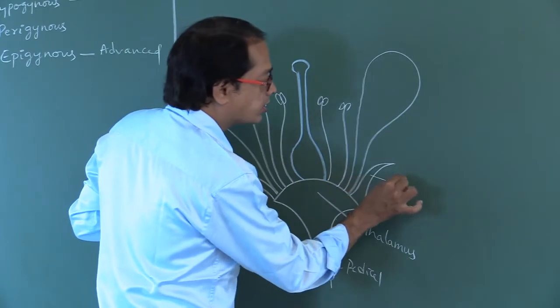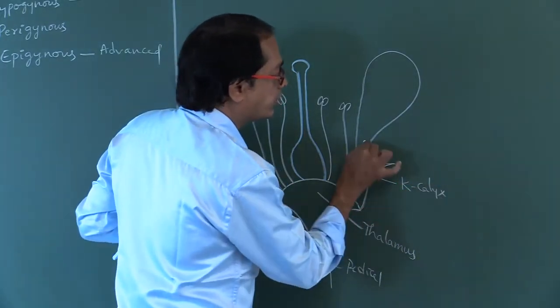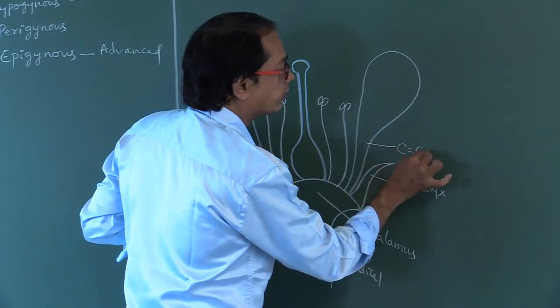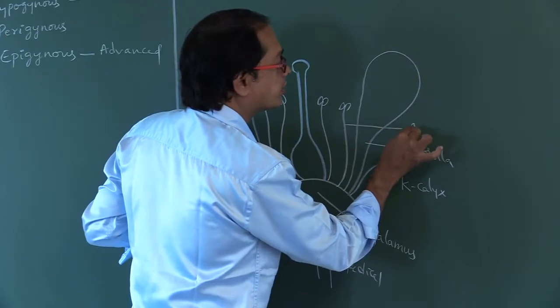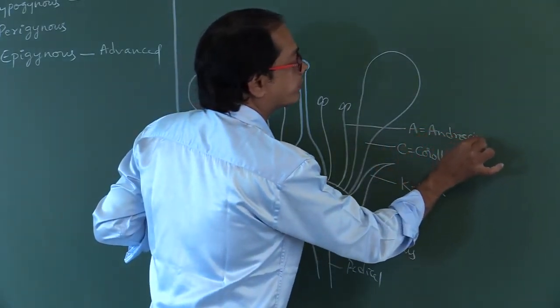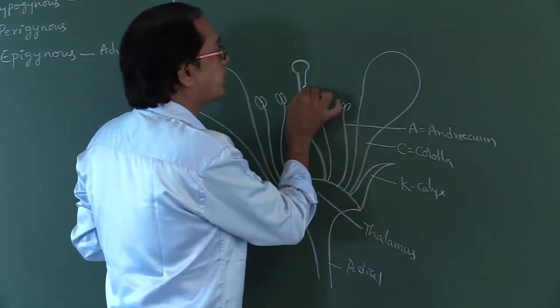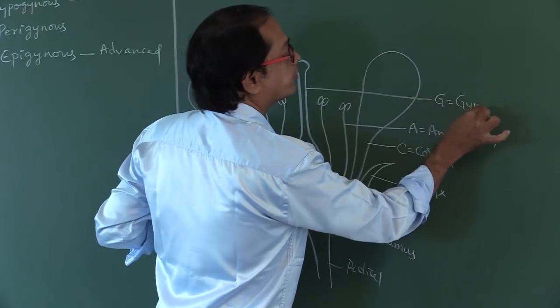So this is calyx, this is corolla, this is androecium, and this is gynoecium.